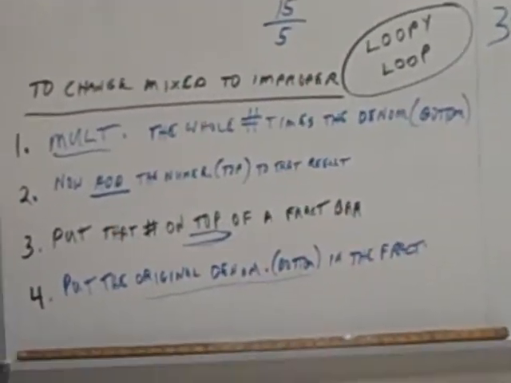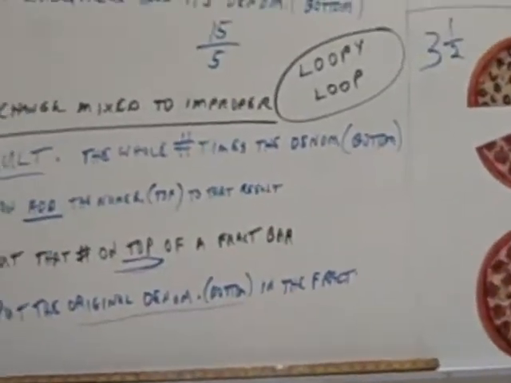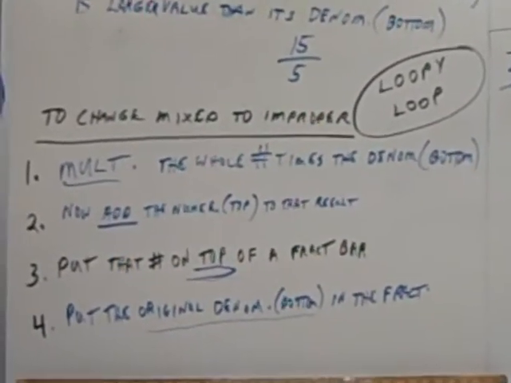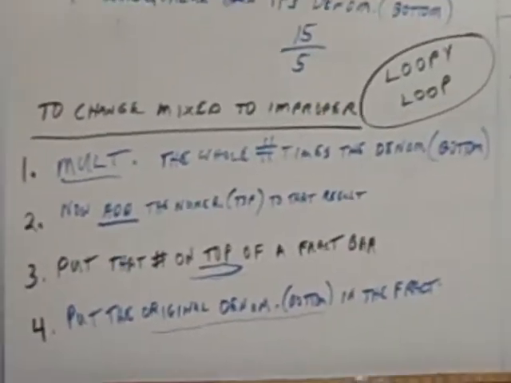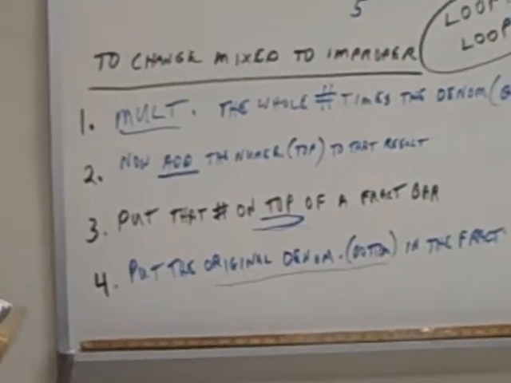Oh, but is that all we're doing today? What does it say up there? Oh, now we're going to go the other direction. We're going to start with an improper fraction and go back to mixed. All right, so here we go.